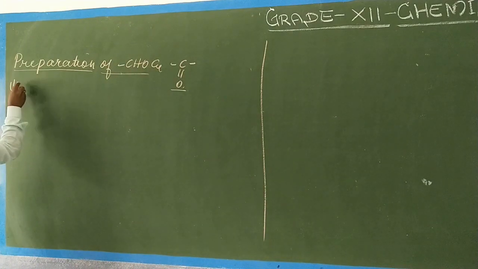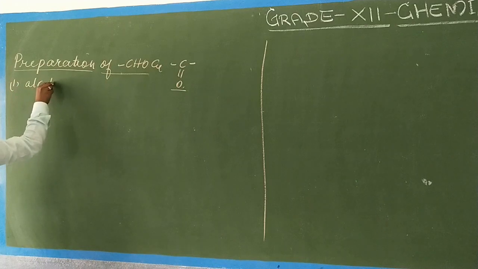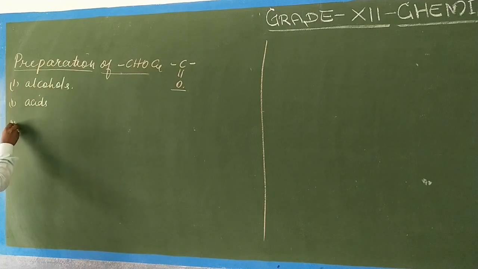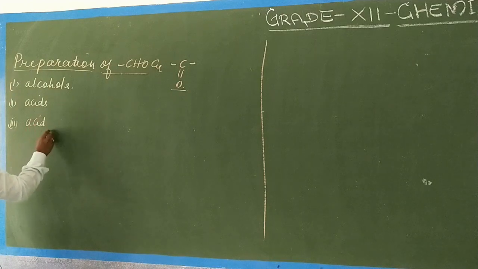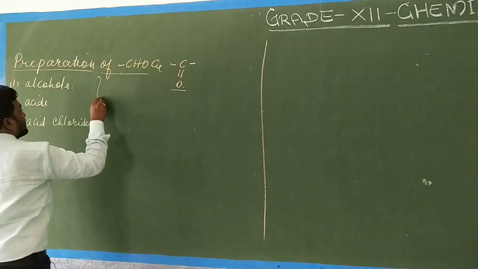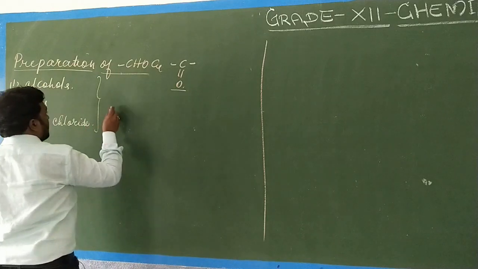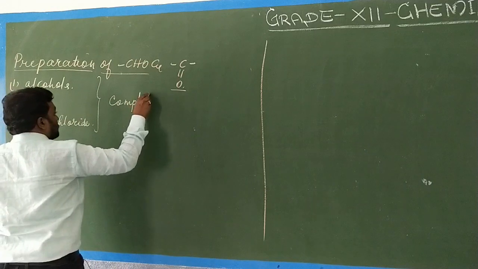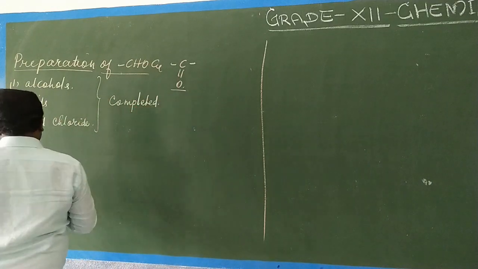The first preparation is from alcohols, which I did yesterday. Second preparation is from acids, and third preparation is from acid chloride. All these 3 preparations I did yesterday, isn't it? Completed yesterday, and today the remaining preparations we will see.